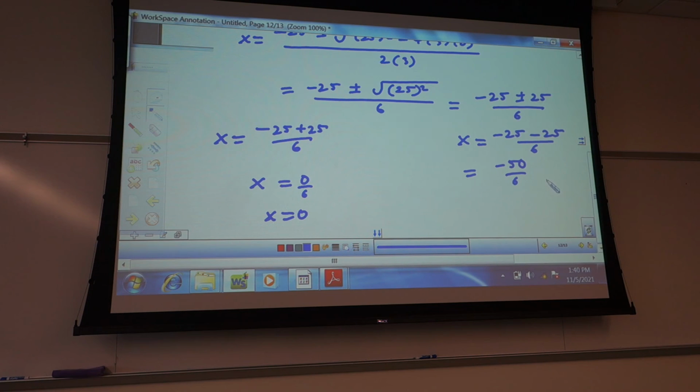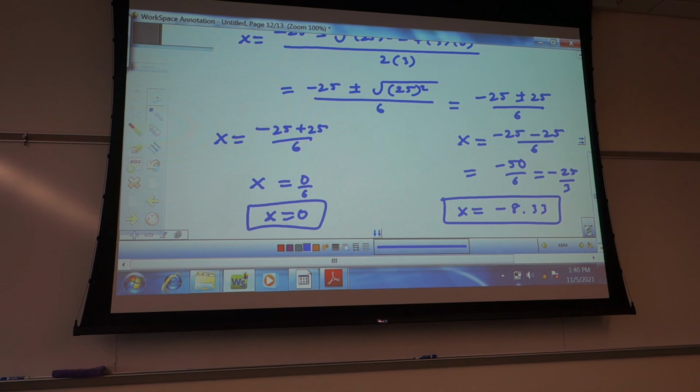I can just do it in my calculator if I want, or I can do negative 25 over 3, which would be 8 and 1/4. Yeah, 8.33, 8.3 repeating. I can leave it like that. That's good. We can use these decimals. Anytime we're using a quadratic, decimals are totally fine.